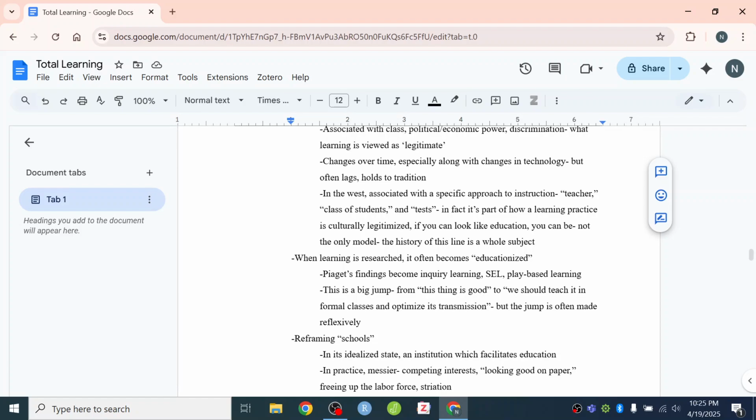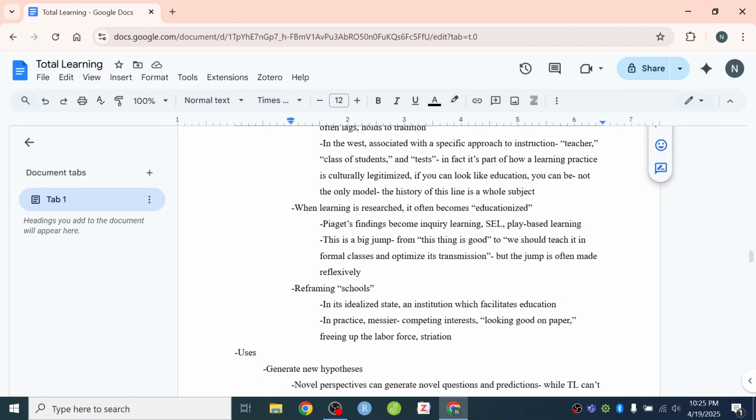It has overlap with the whole child perspective, that students exist outside of school and learn things outside of school. Okay, those I think are the key implications of the total learning framework. Again, there's more that will get their time in the sun.